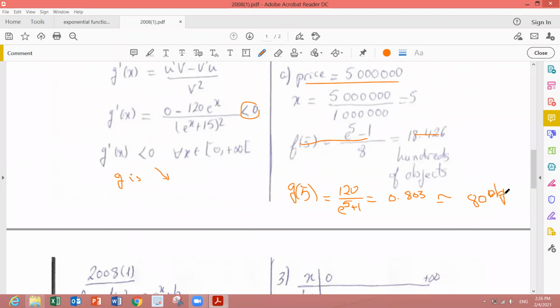It says plus 15 in the denominator, not 1. How much is e power 5 plus 15? Okay, 0.73. So that is 73 objects.